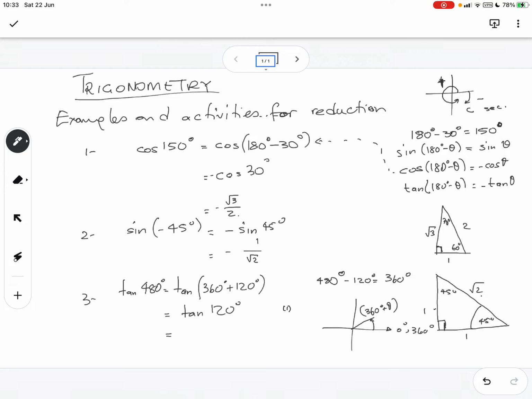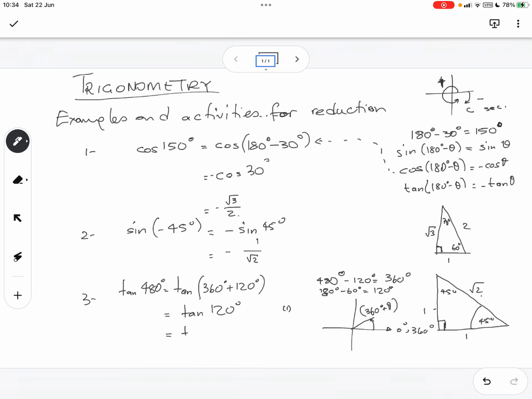The second reduction, we take the same 120 degrees. And then let's think about it. If we take the 180, what's the answer? It's 120 degrees.